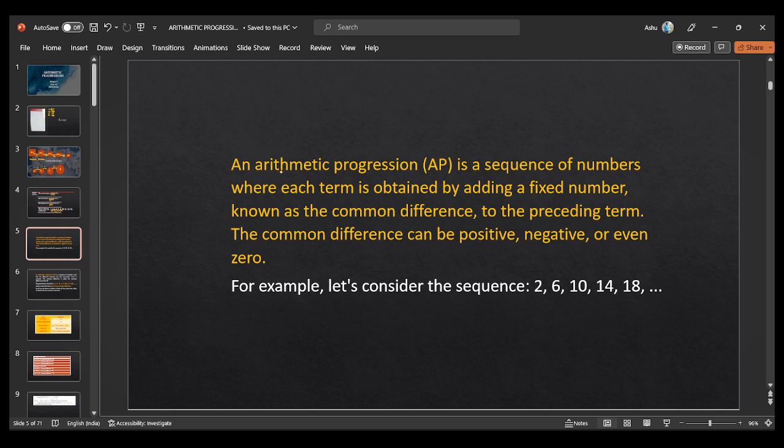So we can define arithmetic progression. An arithmetic progression is a sequence of numbers where each term is obtained by adding a fixed number, known as the common difference, to the preceding term. The common difference can be positive, negative, or even zero.